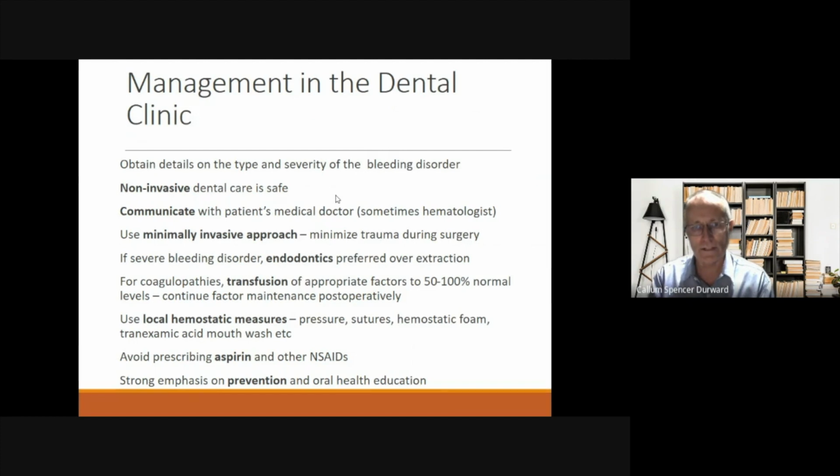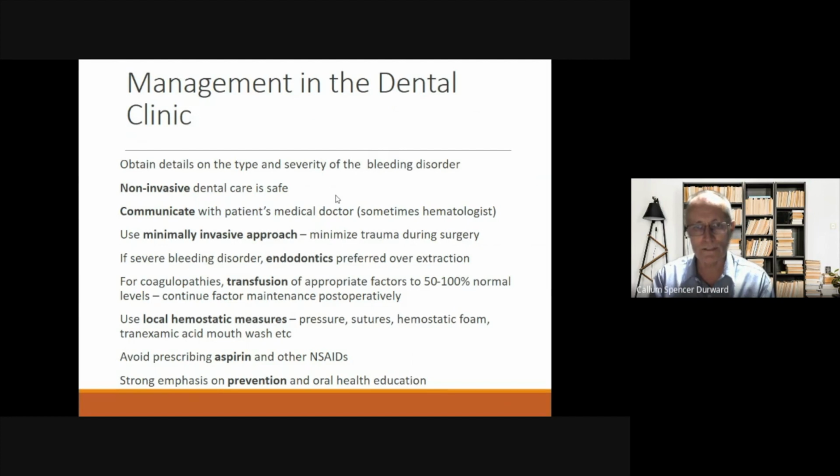If the patient has a severe coagulopathy, transfusion of appropriate factors to 50 to 100% of normal levels is often required. And this must be continued post-operatively for some period.